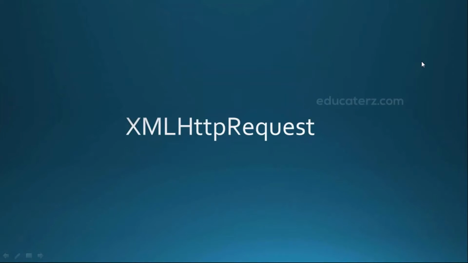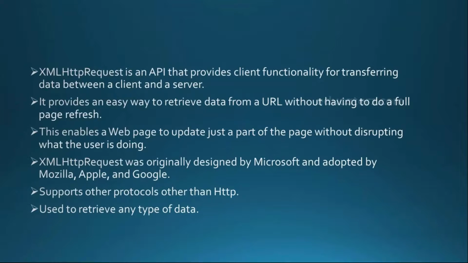Next, XML HTTP request. XML HTTP request is an API that provides client functionality for transferring data between a client and a server. If you want to send data to the server, or fetch data from the server without reloading the page or without distracting the user, you can do that using the XML HTTP request.